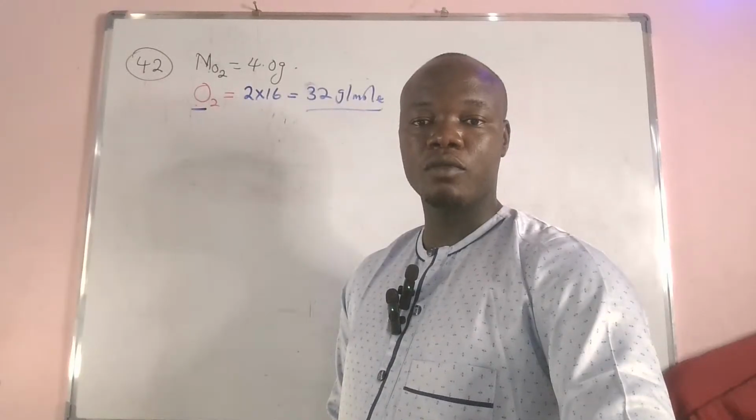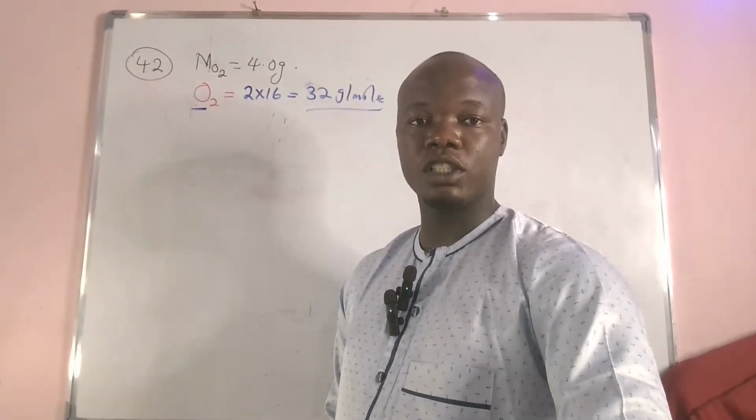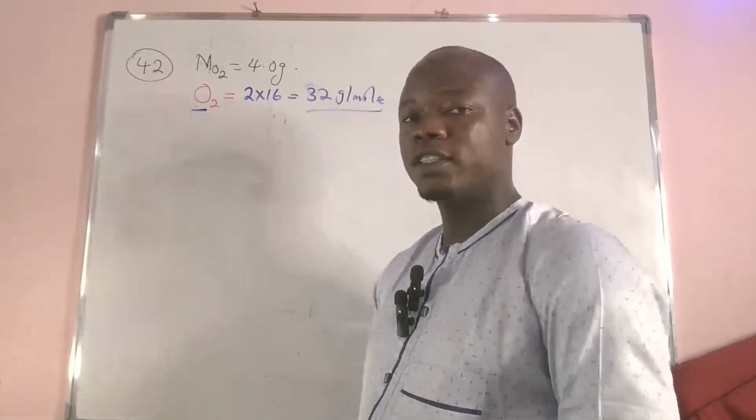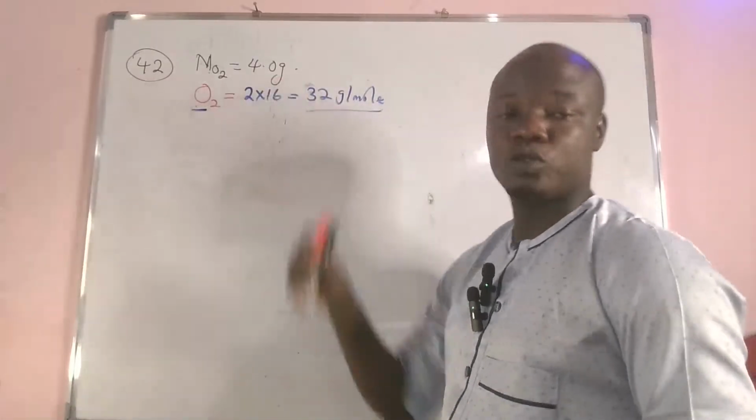As we can see from the options, option A is 0.25, option B is 0.50, option C is 1.00, and option D is 4.00. So we can now solve the question.